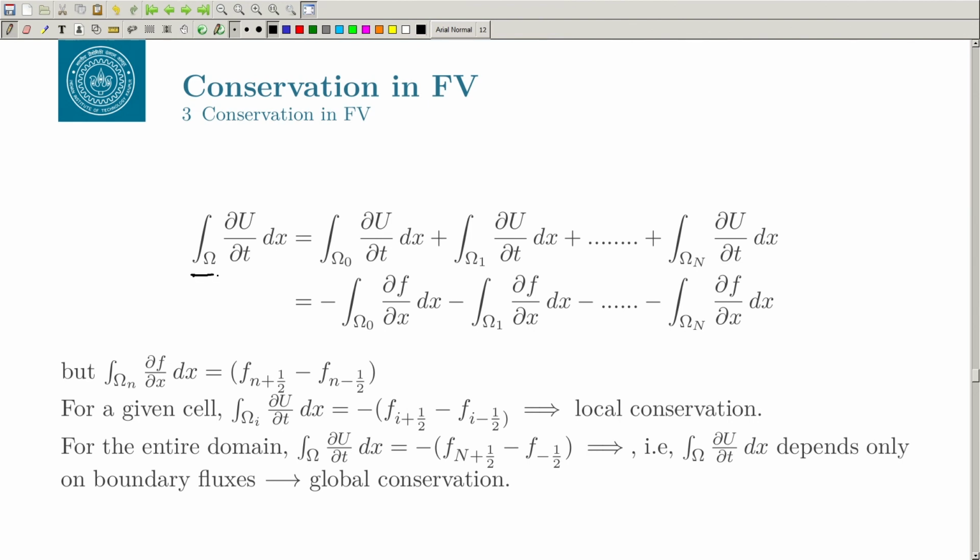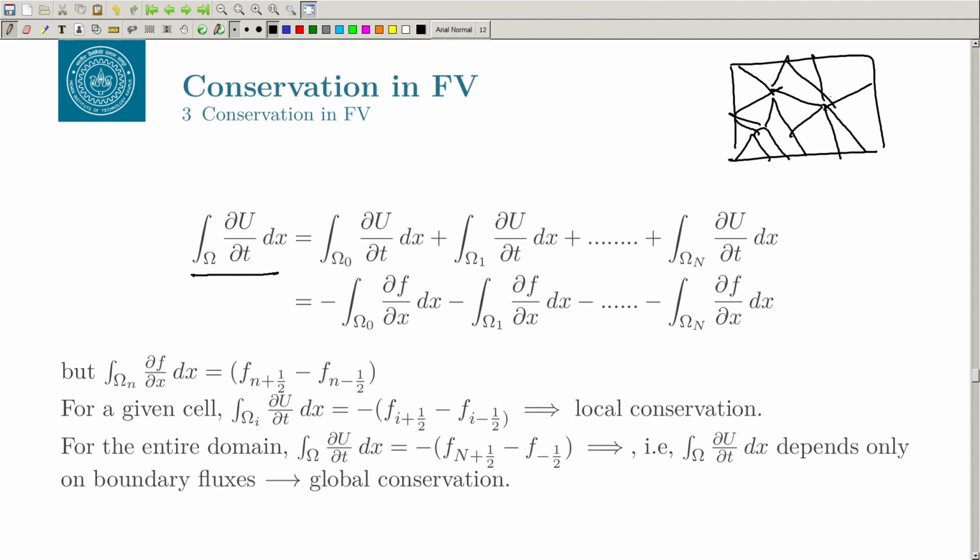So, we are doing this del u by del t dx across each cell and adding it up. Let us say you have some elements like this, a very complicated element. Of course, there are considerations that your grid should not have a very high aspect ratio. Let us say this is your cell, and you have the cell center defined here.